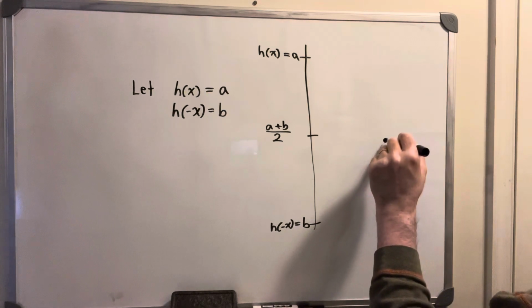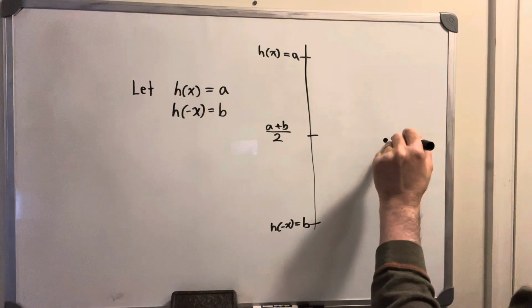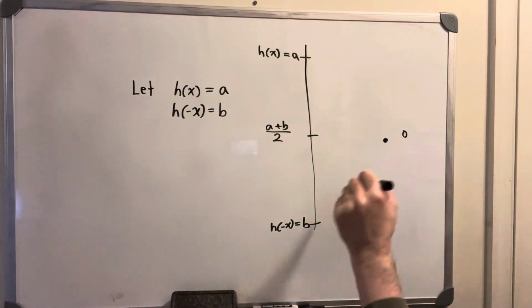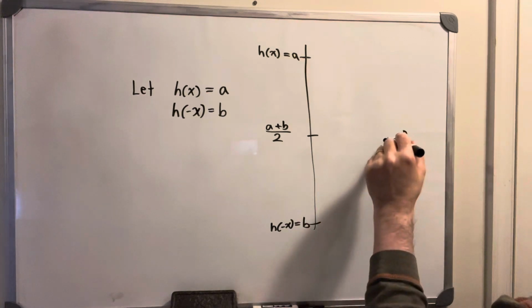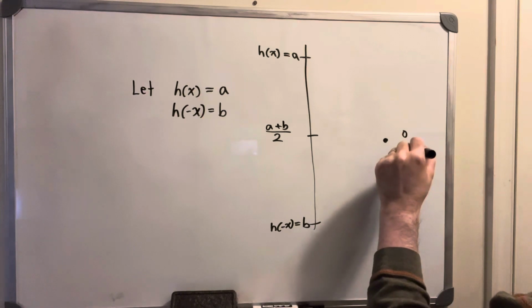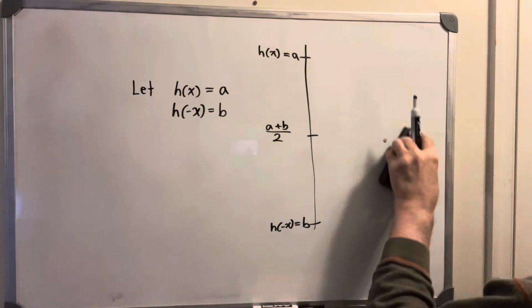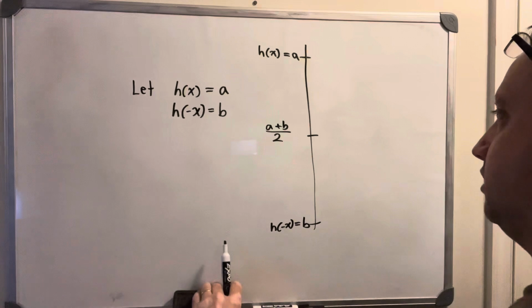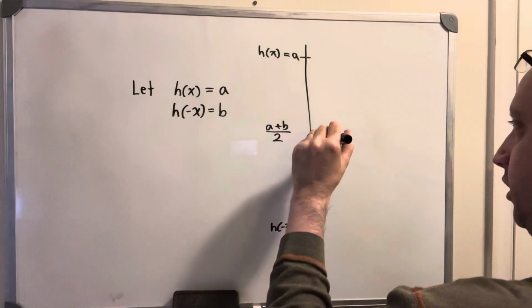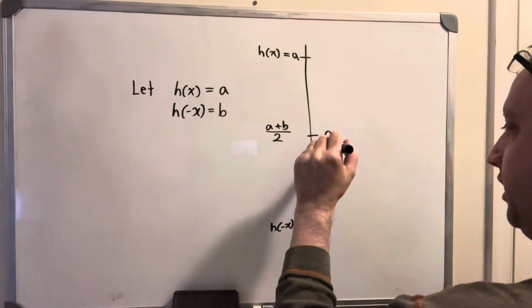and the difference between the midpoint and h of x would be 0, and the midpoint between h of minus x and the midpoint would be 0. But in this case, let's call a plus b over 2 the midpoint. Let's call that some number c.